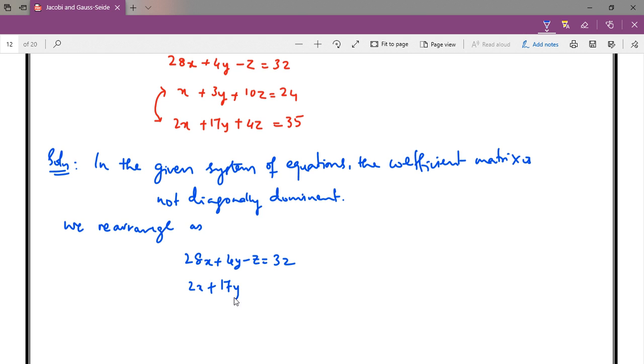Then 2x plus 17y plus 4z equal to 35, and next x plus 3y plus 10z equal to 24. Now you can see that this system is diagonally dominant. So now we can proceed with the iteration method.